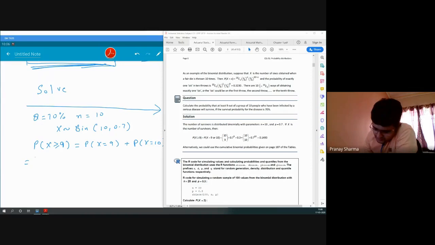So that becomes 10C9, then 0.7 raised to 9 and 0.3 raised to 1, plus all 10 survive. So 10C10, 0.7 raised to 10 and 0.3 raised to 0.